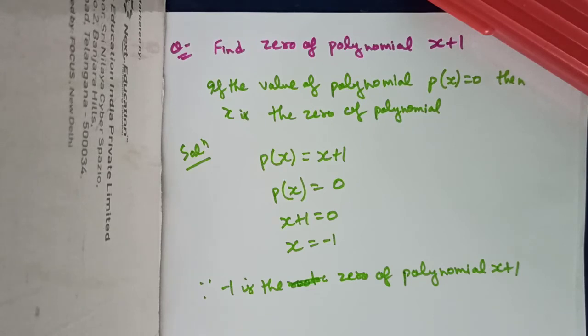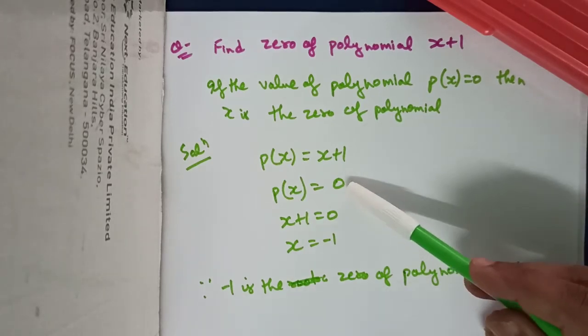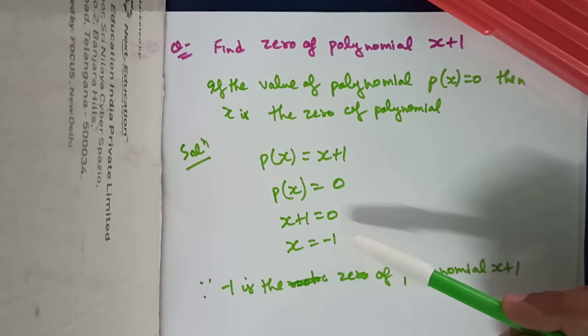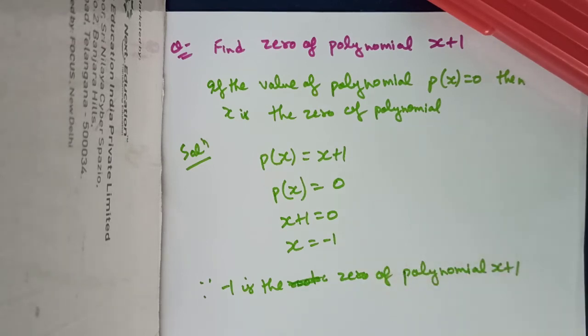On equating the polynomial to 0, we get the value of the variable x as minus 1. So we say that minus 1 is the zero of the polynomial x plus 1. I hope it is understood. We will be doing this question and a few more questions in the exercise. Okay.